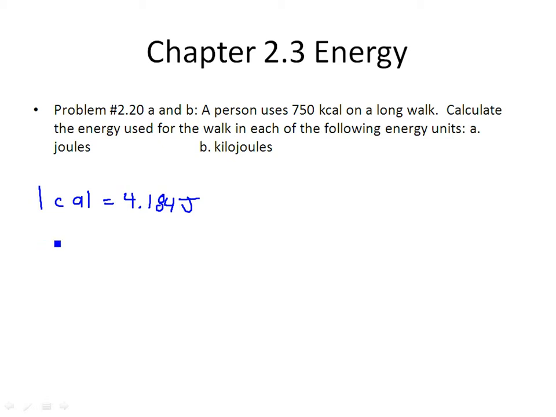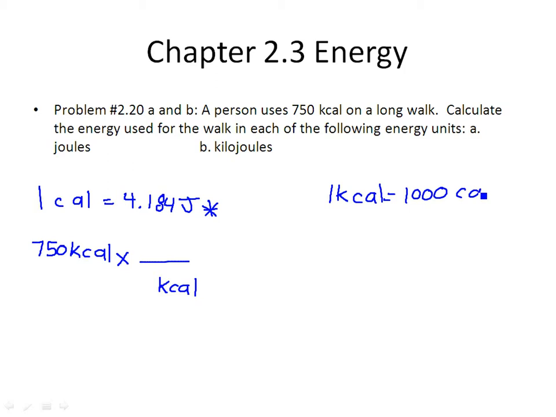So if we have 750 kcals, we run into another problem. We are in kcals, but our conversion factor is in calories, not in kilocalories. So we also have to know that 1 kcal is equal to 1,000 calories, which shouldn't be too surprising.